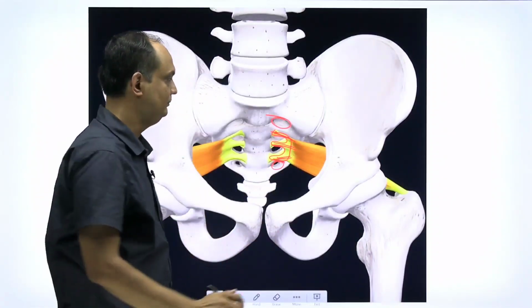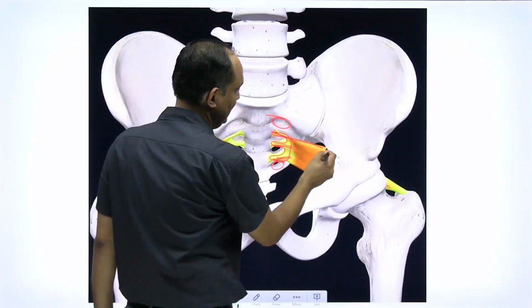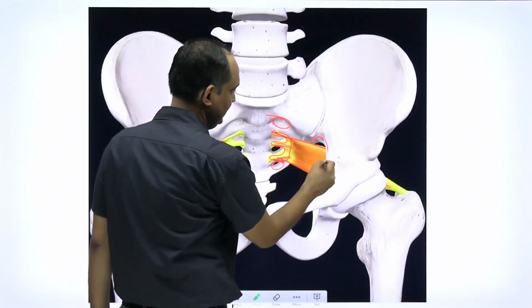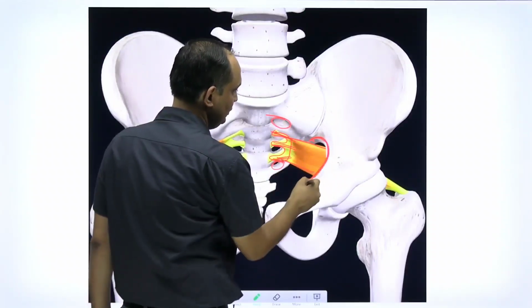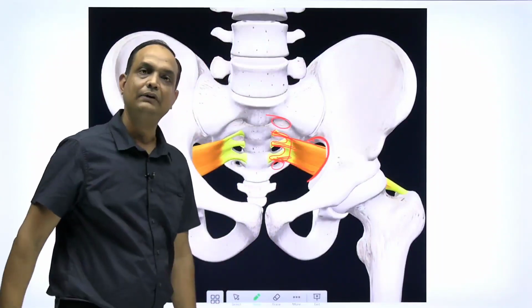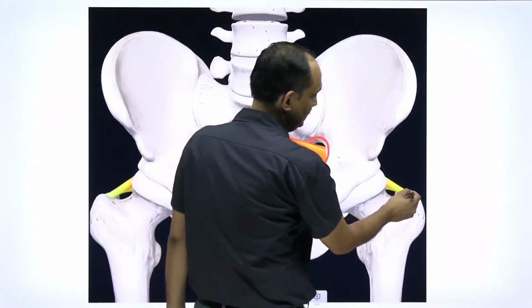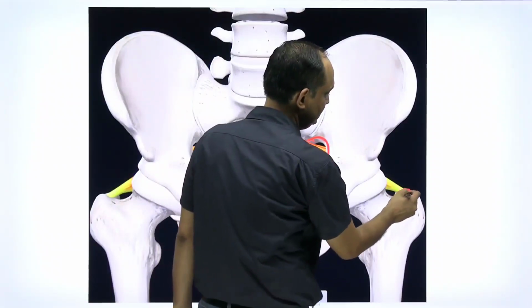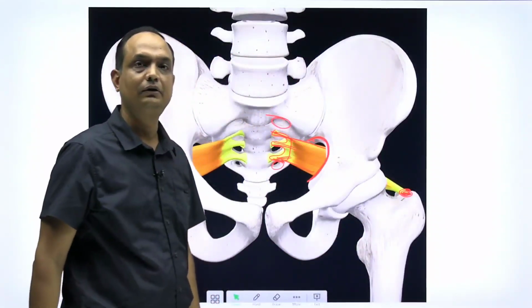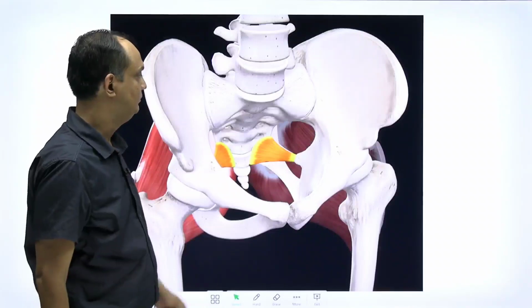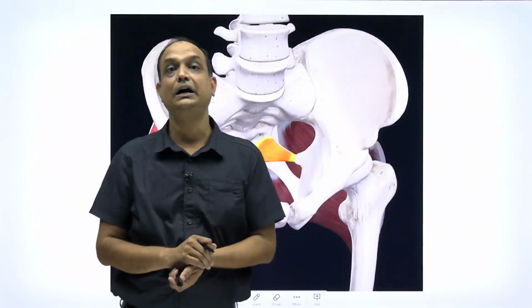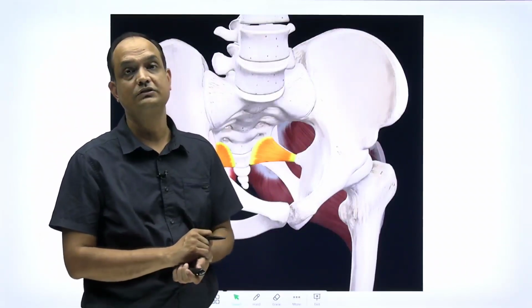The piriformis goes laterally, passes through the greater sciatic notch of the hip bone, reaches the femur and inserts on the apex of the greater trochanter. Clear?